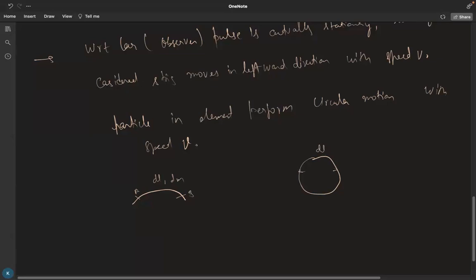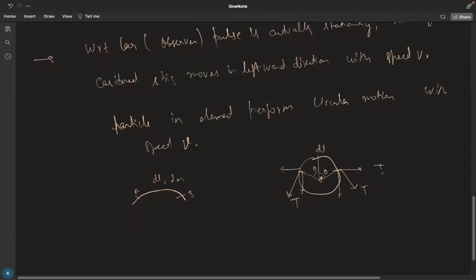So there is tension T in this direction, and tension T in this direction, and there is a center, and both of the angles are theta. So we derive an equation when we take the components here.